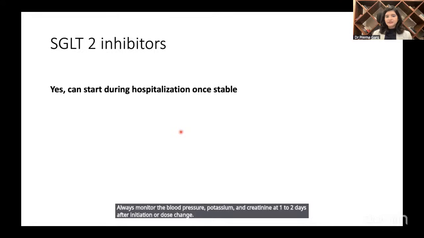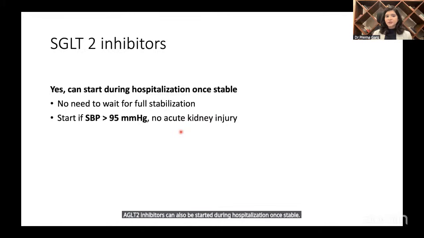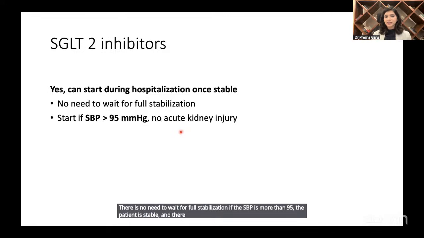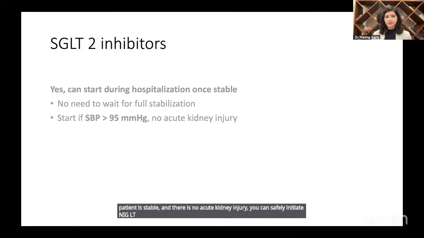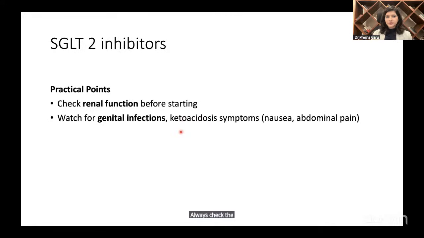SGLT2 inhibitors can also be started during hospitalization once stable. There is no need to wait for full stabilization. If the SBP is more than 95, the patient is stable, and there is no acute kidney injury, you can safely initiate an SGLT2 inhibitor in hospital. Always check the renal function before starting.